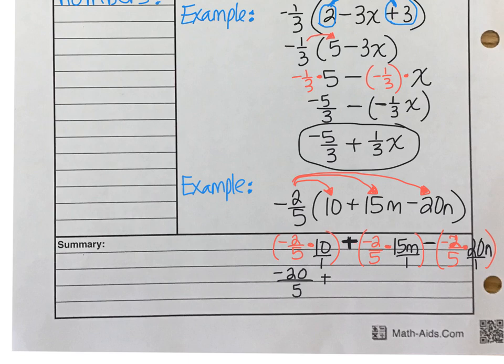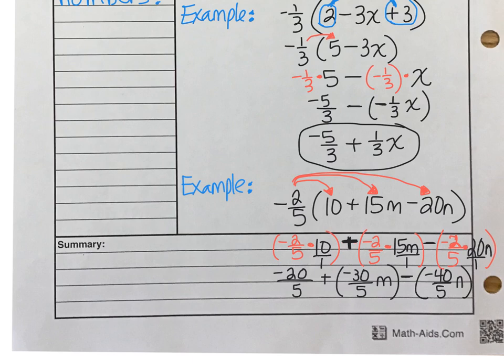Plus -2/5 times 15m is like -2 times 15, which is -30 divided by 5 times m, minus -2/5 times 20n is -2 times 20, which is -40, and 5 times 1, which is 5, and that term has an n attached to it.